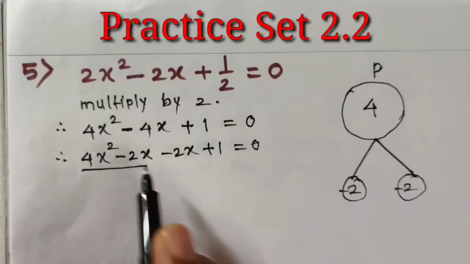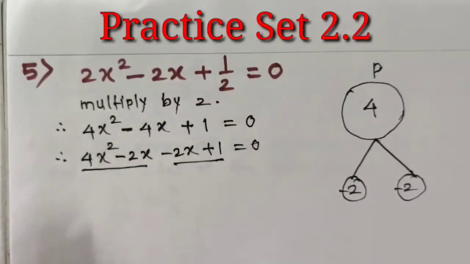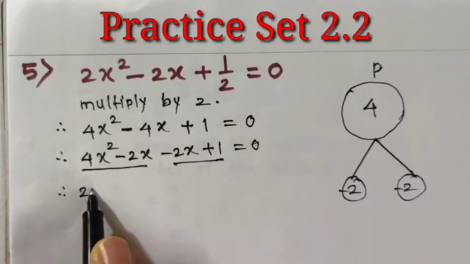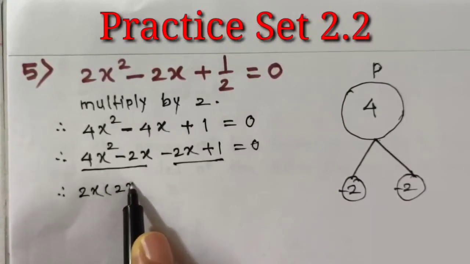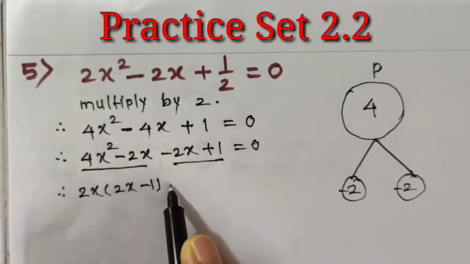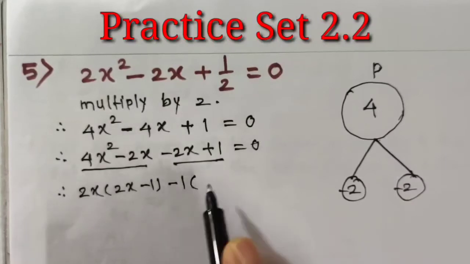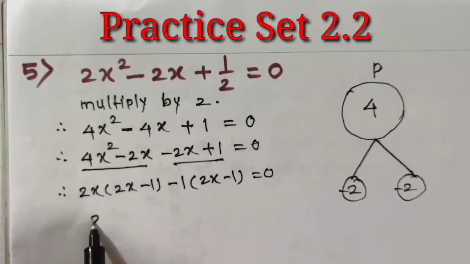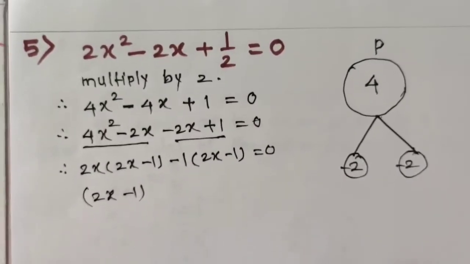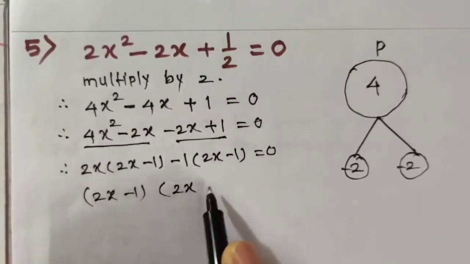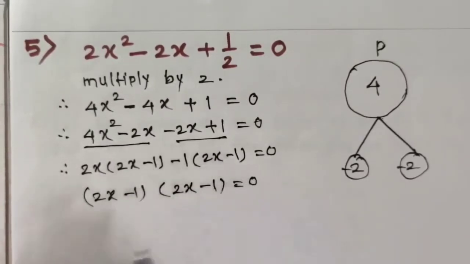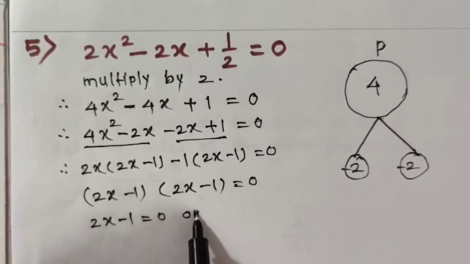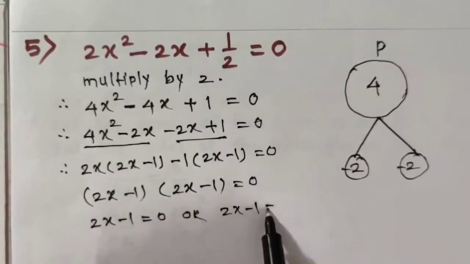Now make a pair of first, second and third, fourth. Find the common one: 2x is common, into bracket 2x minus 1. And here minus 1 is common, 2x minus 1. So this bracket is common, and the remaining factor is again 2x minus 1, is equal to 0. So 2x minus 1 is equal to 0, or the same factor 2x minus 1 is equal to 0.